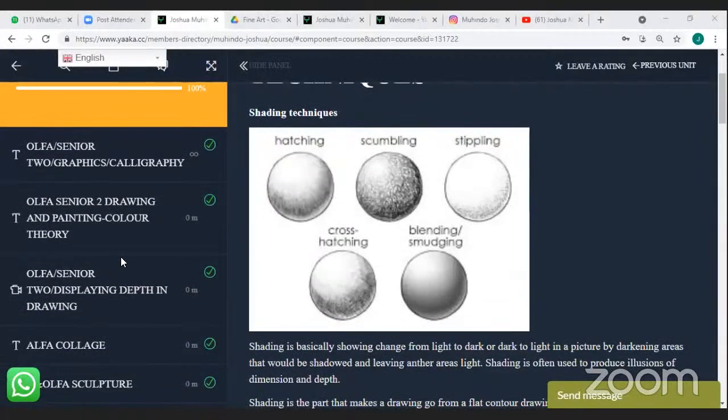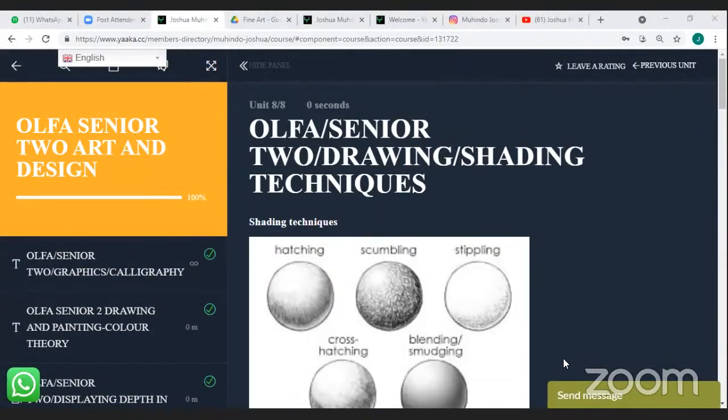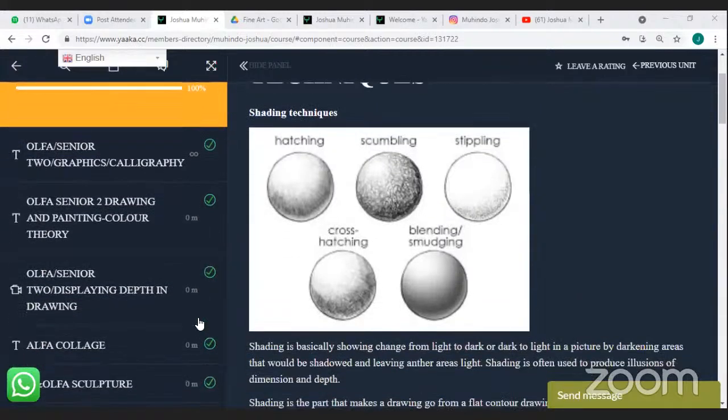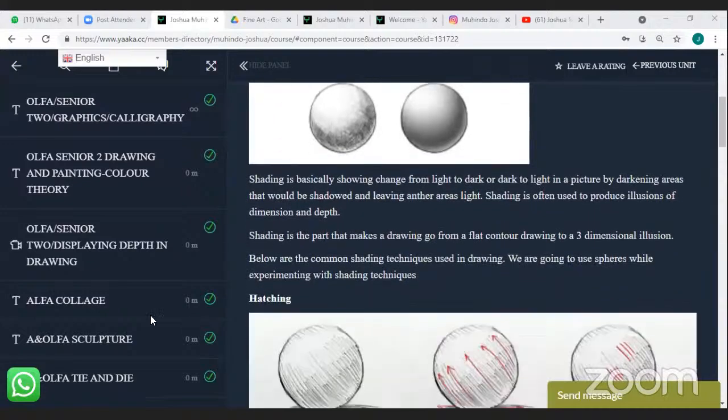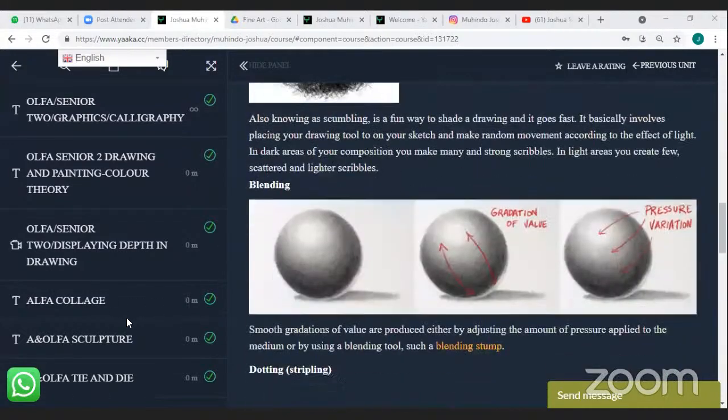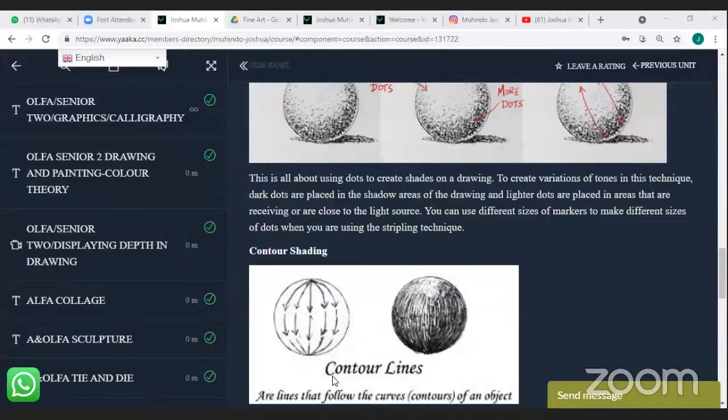Just even before I start sharing, is there anyone who has some challenges with accessing content on the website? Do we have anyone here who has some challenges accessing the website?